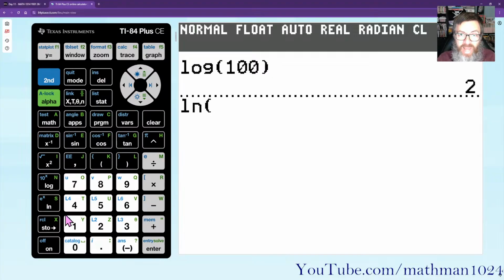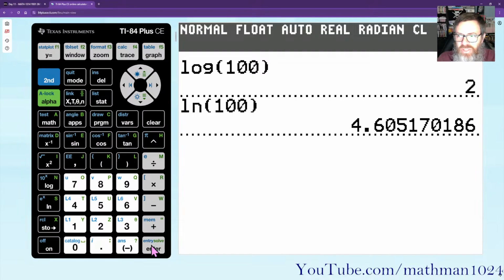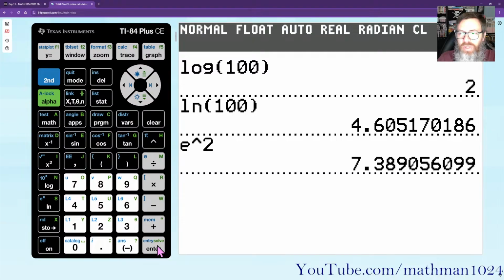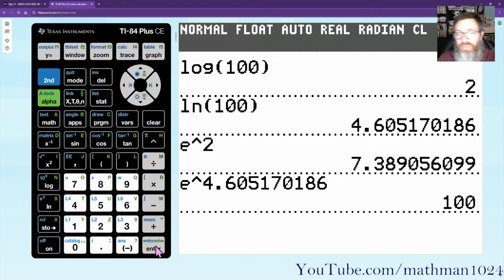Now, if I do natural log of 100, I'm not going to get that answer, because e to the second power is not 100. If I did e to the second power, I get some crazy decimal, 7.389. But if I do e raised to the answer they gave me here, 4.605170186, then I get 100.